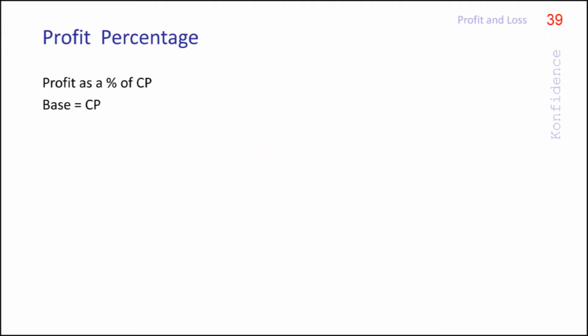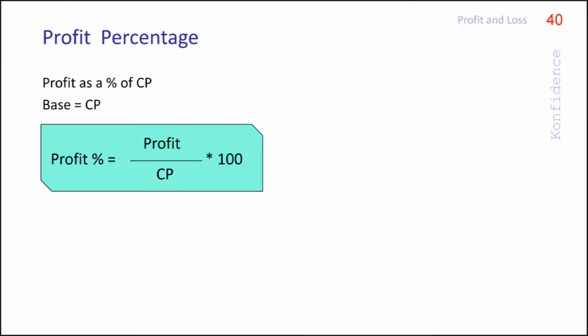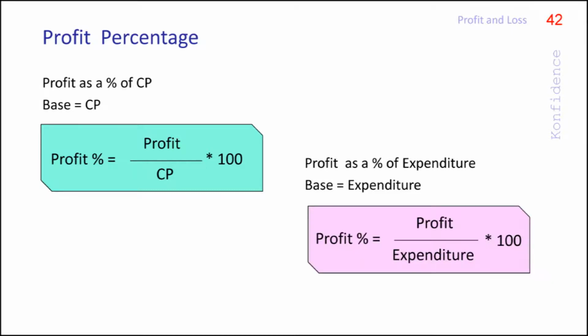So, if profit is found out as a percentage of CP, it would look like profit percent equals profit divided by CP, the whole into 100. If profit is found out as a percentage of expenditure, it would be profit percent equals profit divided by expenditure into 100.